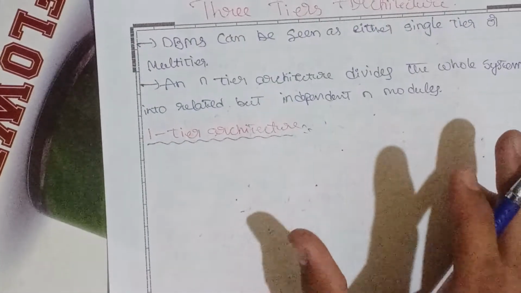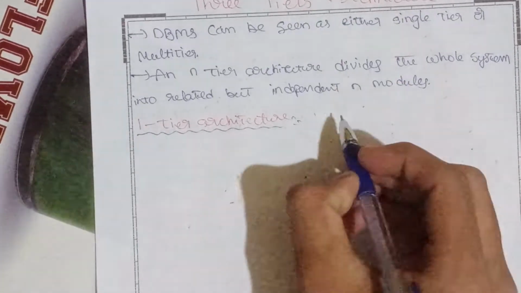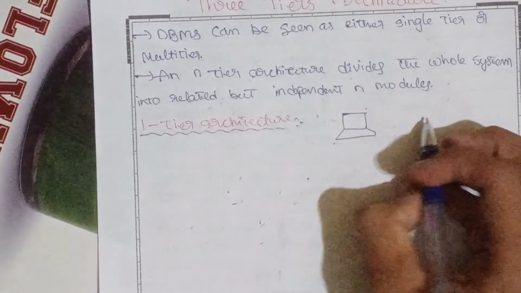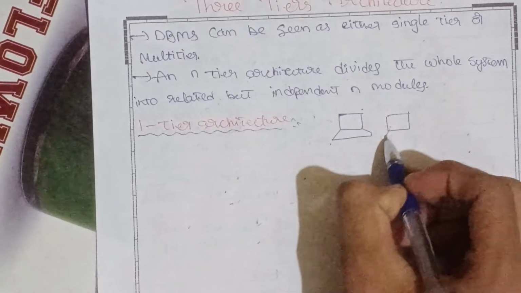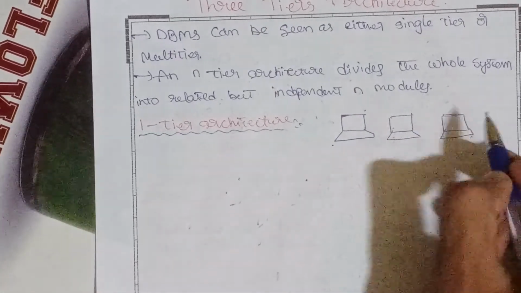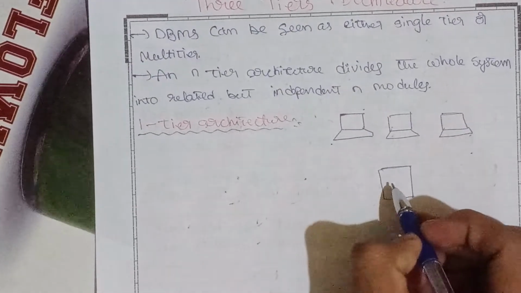One tier architecture means here the client computers have the file system.